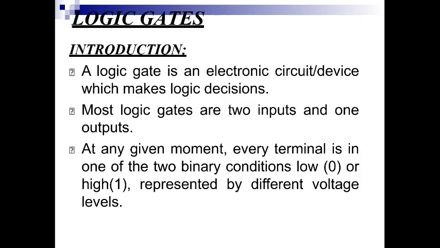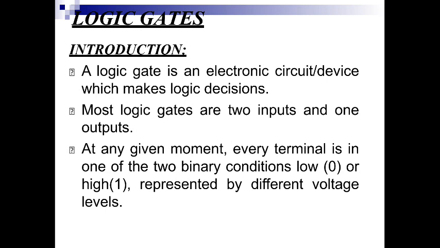These logic gates make logical decisions, where most logic circuits contain 2 inputs, or more than 2 inputs, like 3, 4 and so on. And it has a single output, whatever the inputs are. The output is always a single output.